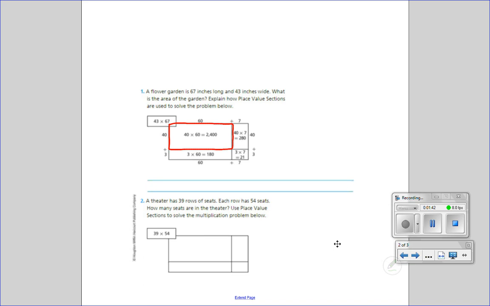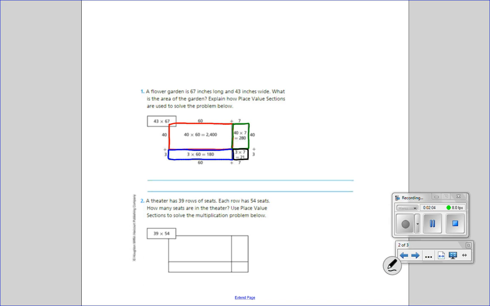You have one rectangle here, which is 40 by 7. You have one rectangle here, which is 3 by 60. And you have one rectangle here, which is 3 by 7.